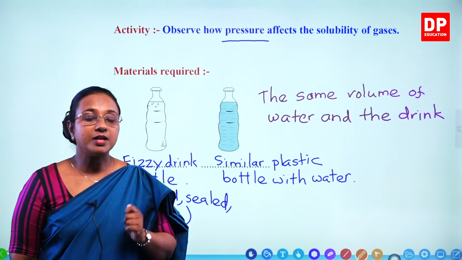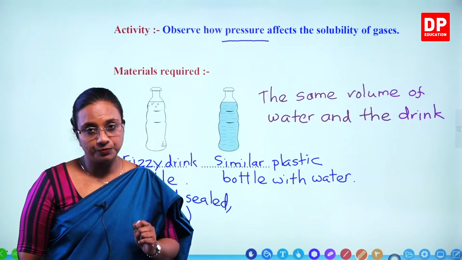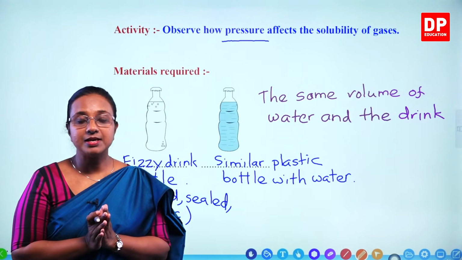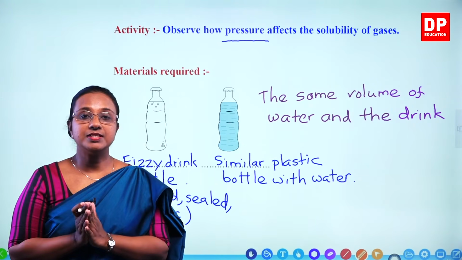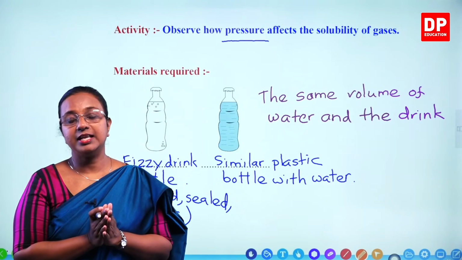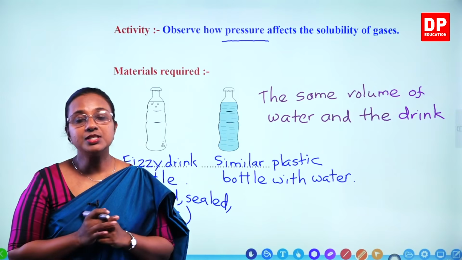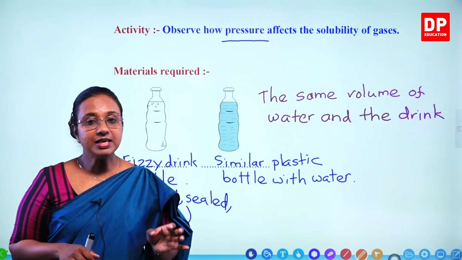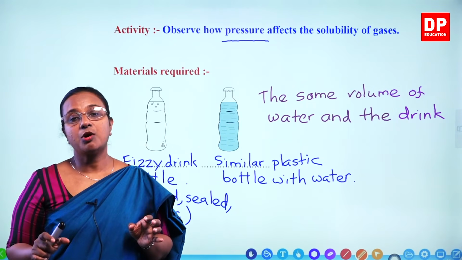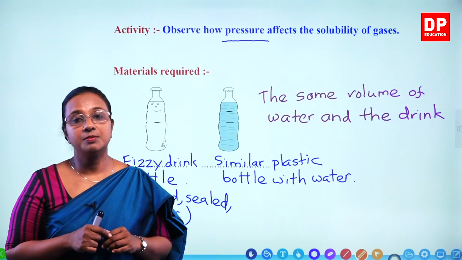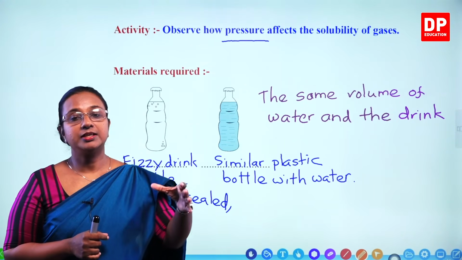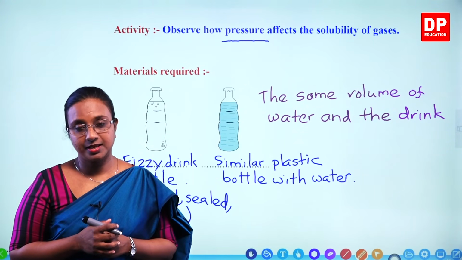So this is what we are going to do. We take the two bottles, place them side by side, the new bottle of fizzy drink and the bottle containing water. We squeeze both the bottles simultaneously. You will see that the fizzy drink bottle does not get pressed, but the bottle containing water can be pressed easily.